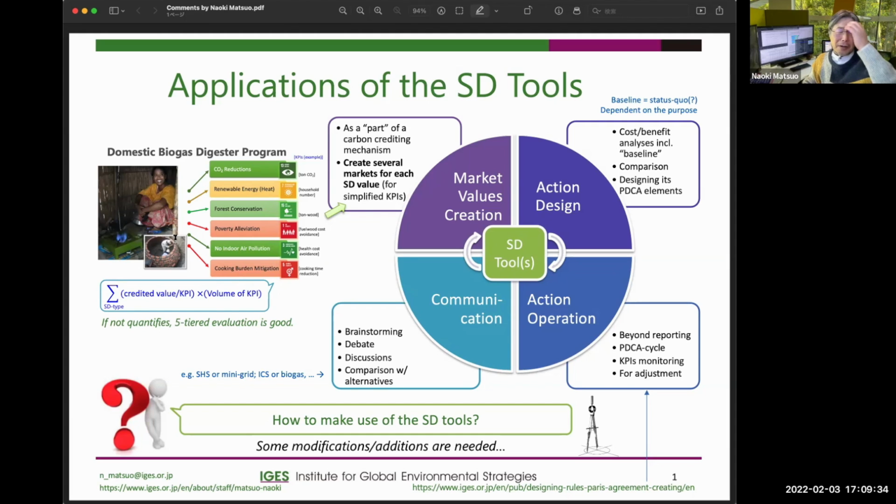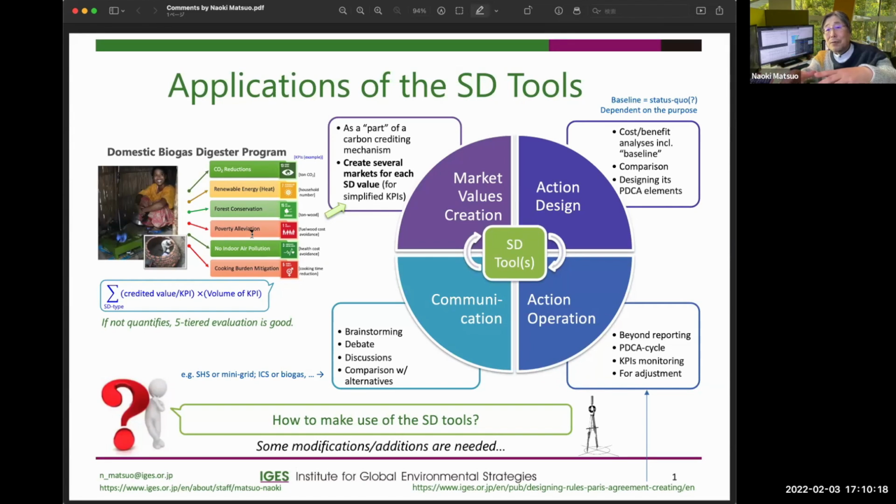Of course, I understand that it's not easy to quantify such values, such KPIs. But if not quantified, then a 5-tiered evaluation would be a good alternative. In the case of CO2, of course, the CO2 equivalent emissions or emission reductions is a very good indicator. But for others, it is not so easy. But in any case, different types of such values could be created, and they could be separate from the CO2 related reduction values.